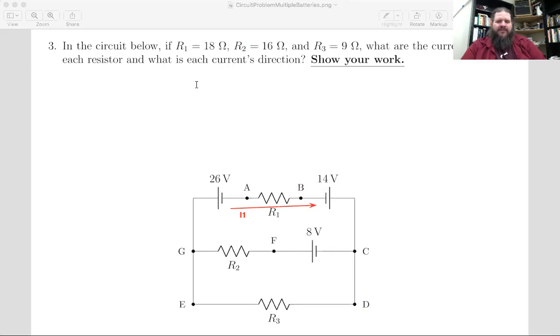We can just call I2 the current in resistor 2. Let's just say this current is I2, and let's treat left to right as the positive direction. We can do the same thing for the third resistor. Let's call this current I3, and define left to right as the positive direction.